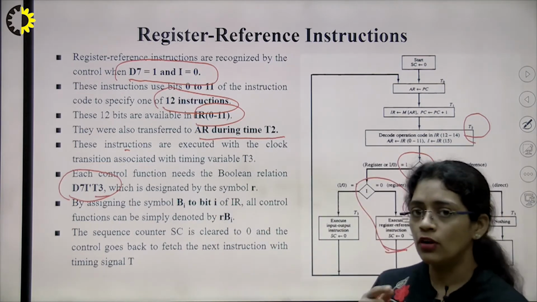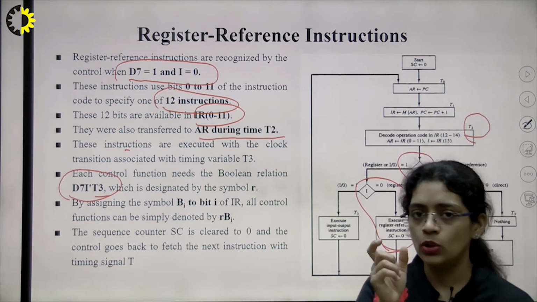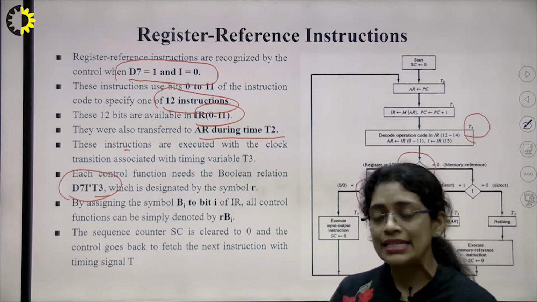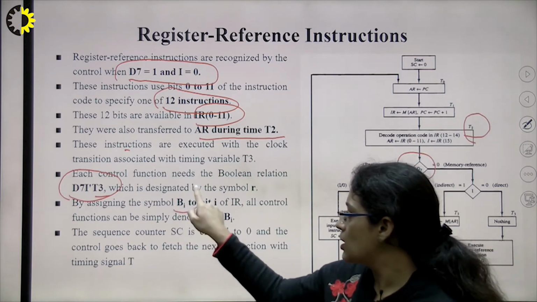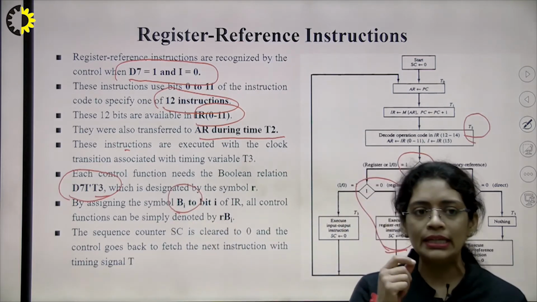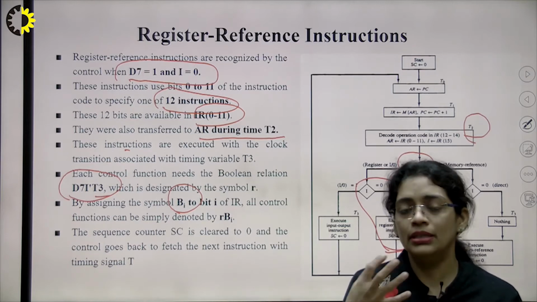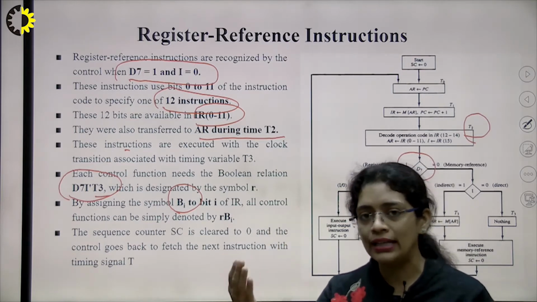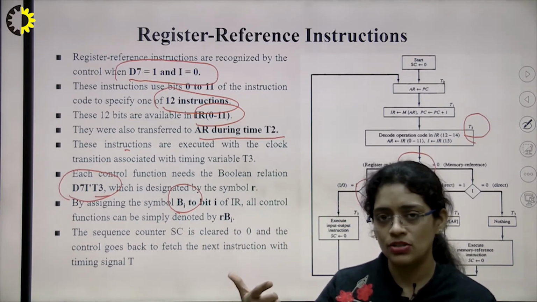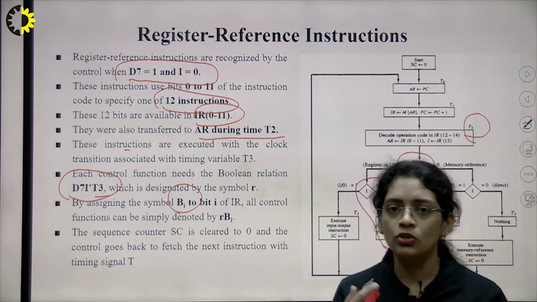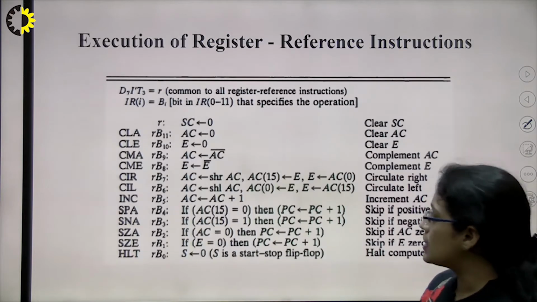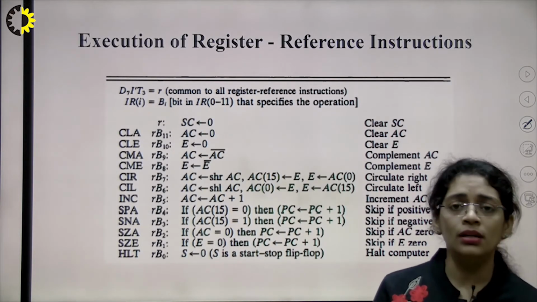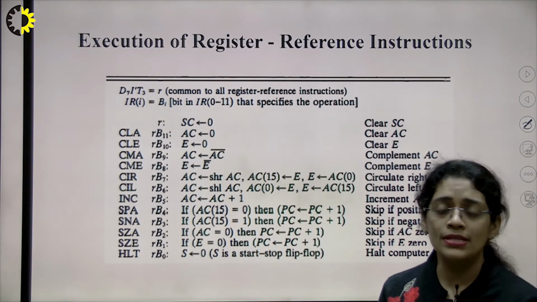Now for bits 0 to 11, these are a total of 12 bits. We'll be denoting them with Bi. Bi is just denoting the bit corresponding to that address register, and by that bit we are going to judge what kind of operation we are going to perform. So just see here, these are the possible register reference instructions.